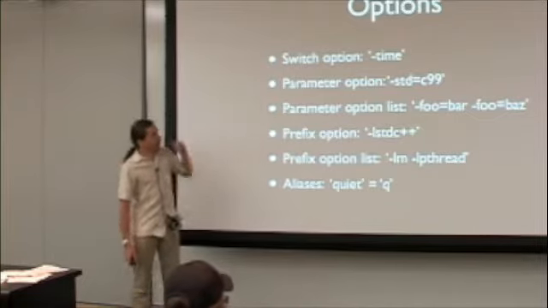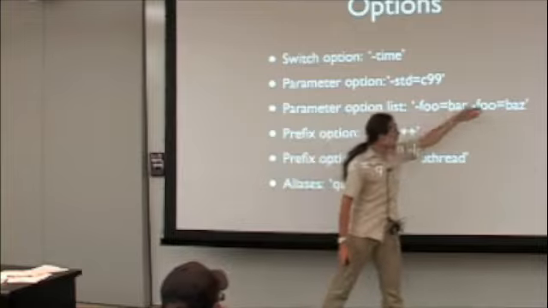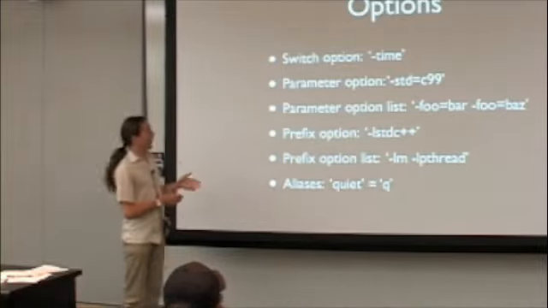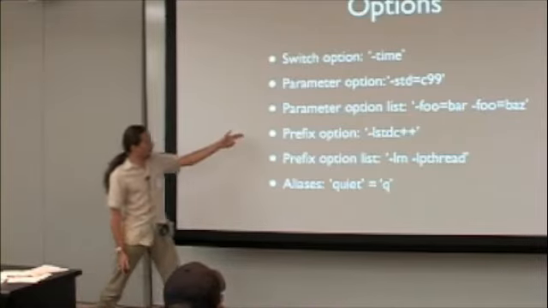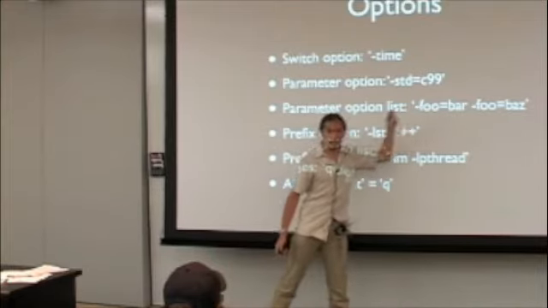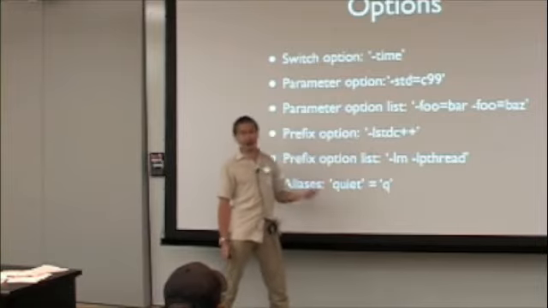The extension of the parameter option is when the name is the same, but the value can be a list of possible values. Another type is prefix options, so you don't have this assignment explicitly. Rather, you have some prefix and the arguments.